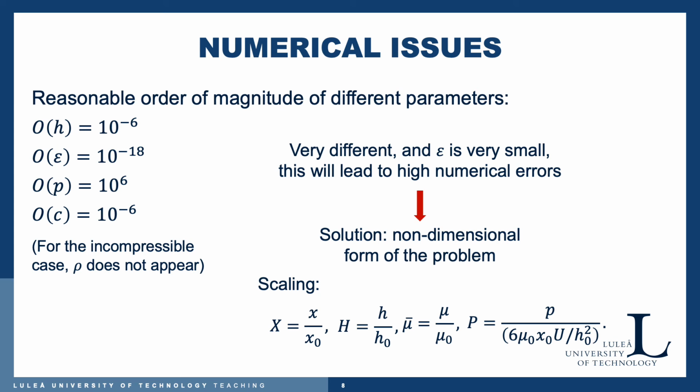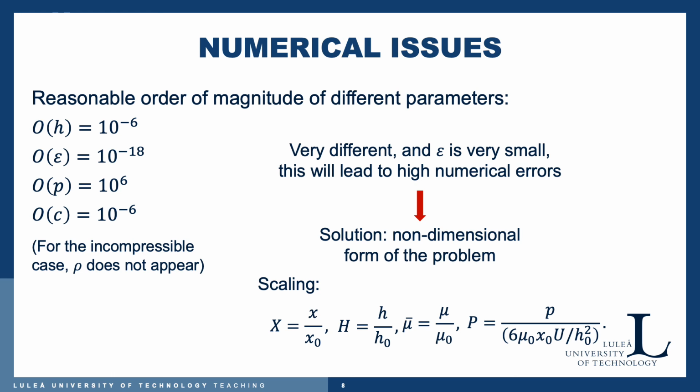So what we see is they are very different, and one main conclusion we can draw is that epsilon is extremely small, and this may lead to truncation errors, and they can be quite large.